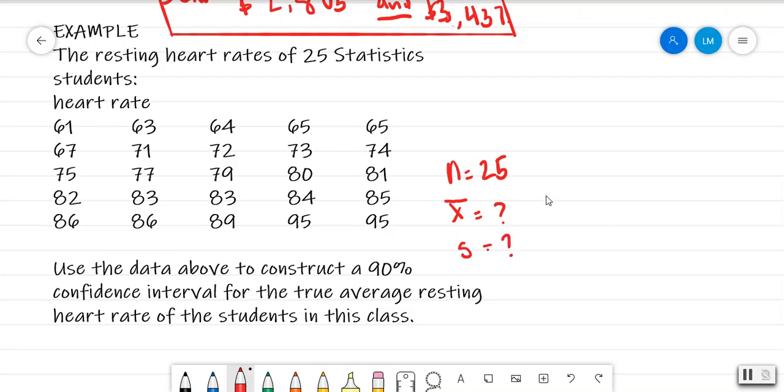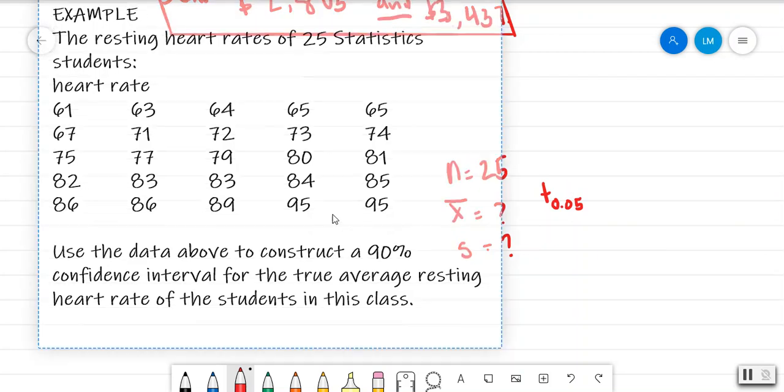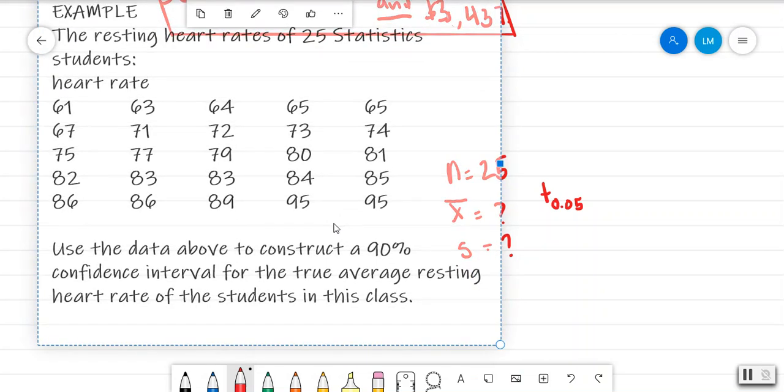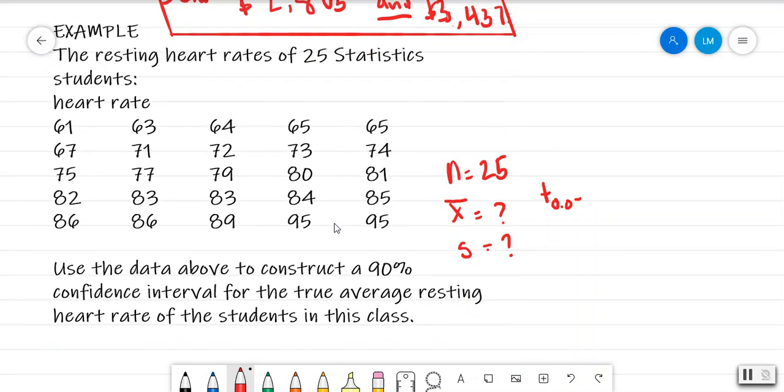But for that matter, I also need to find t sub. You have a 90% confidence level, so this is actually t.05. What this means is that we just need to find the t alpha divided by 2.